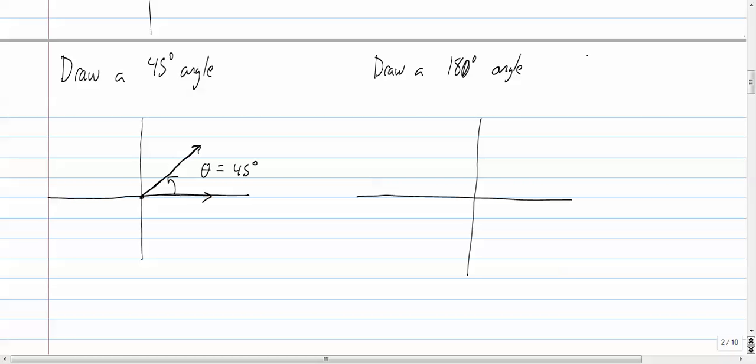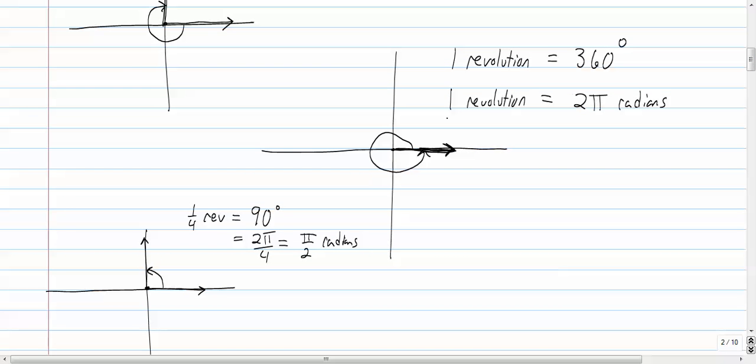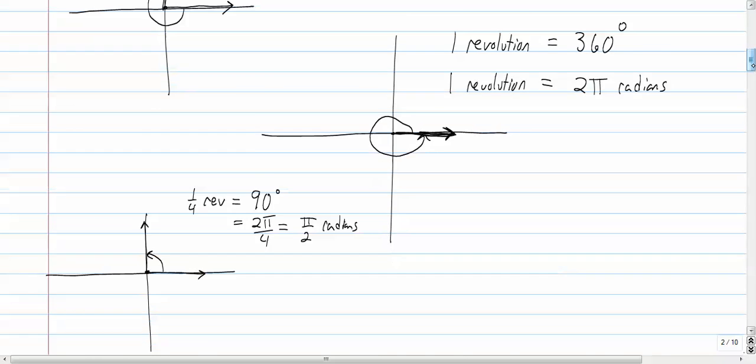So that means it's half of a revolution. So half of a revolution is equal to 180 degrees, which would also be what in terms of radians? That's right. If one revolution is 2 pi radians, half of a revolution will be half of that. So it'd just be pi radians.